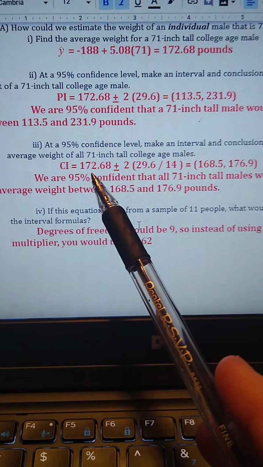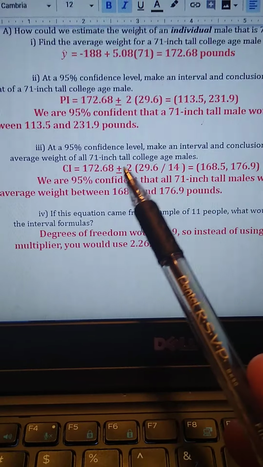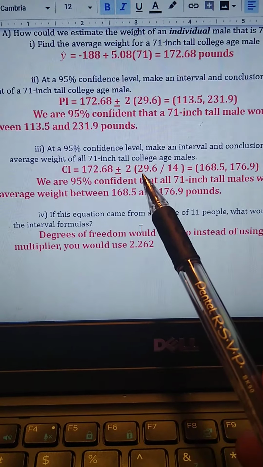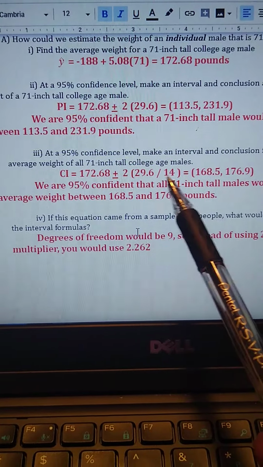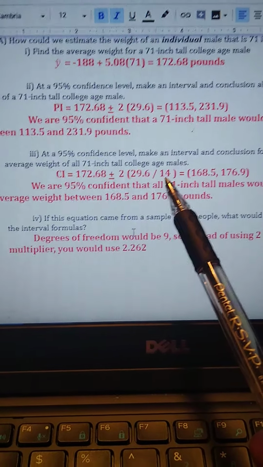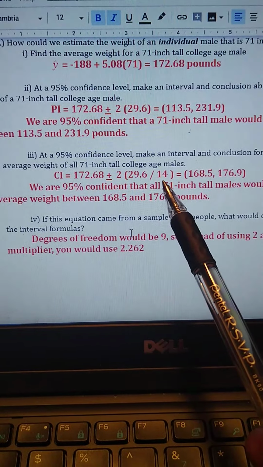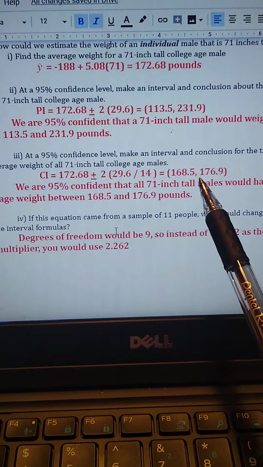The confidence interval takes my prediction, once again, plus or minus the t-score 2, and it's going to be the typical residual size divided by the square root of n. N is 196, the square root of 196 is 14. So s divided by the square root of n. Run those numbers. Now we get a much narrower interval.